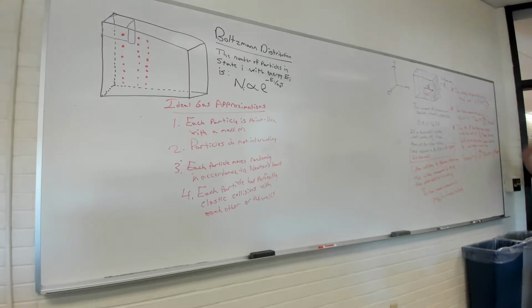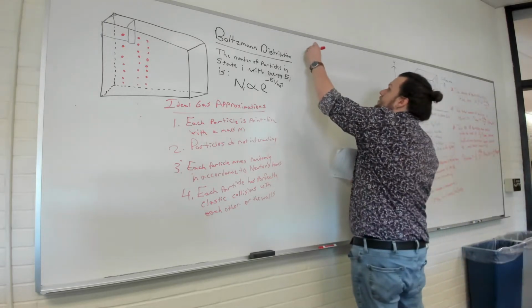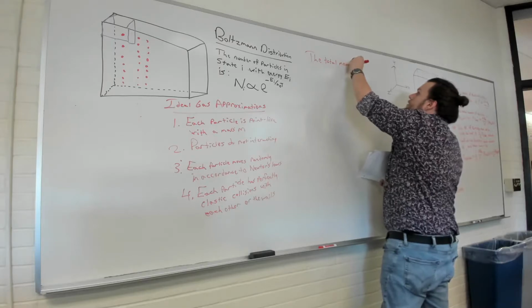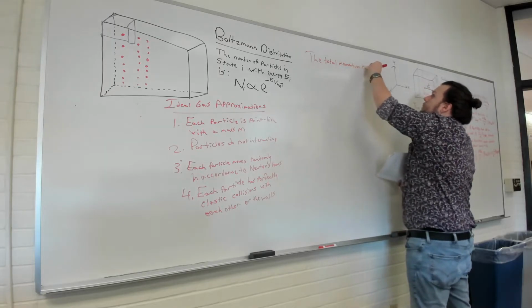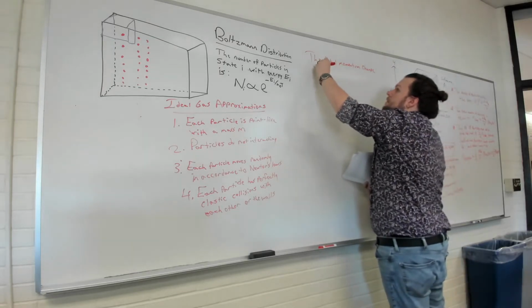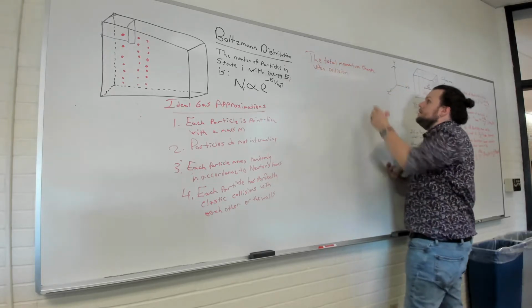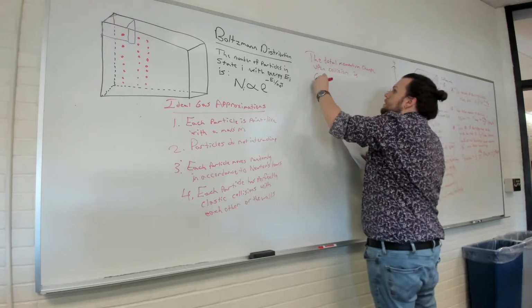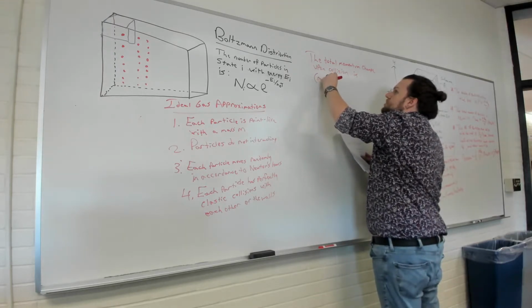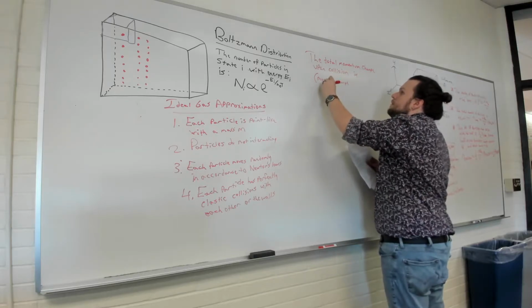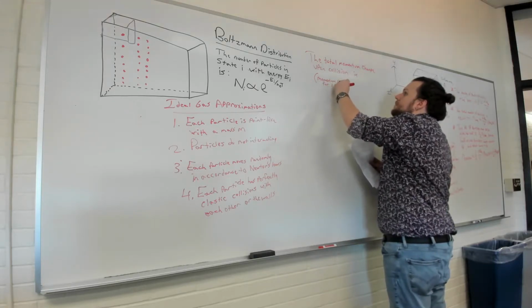So we can calculate the total momentum change of all the particles. The total momentum change upon collision is the momentum change for one times the number of particles.